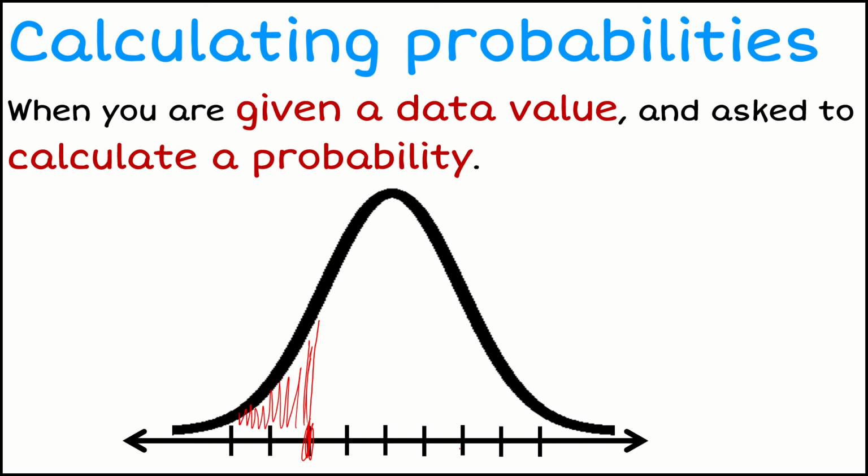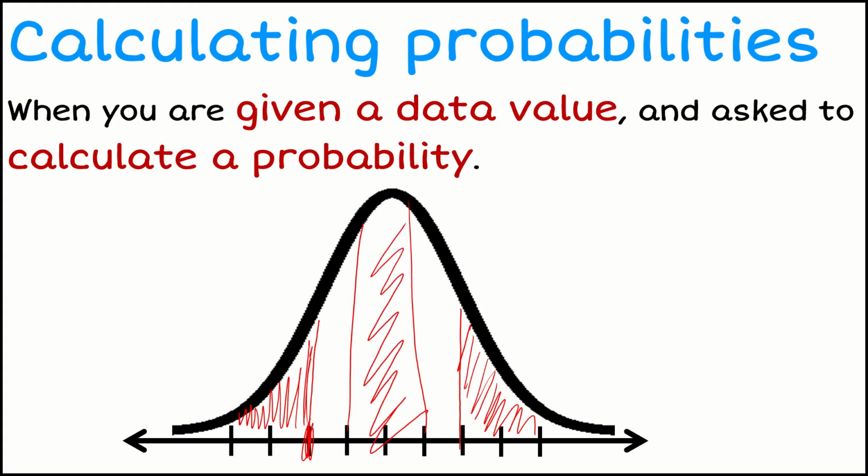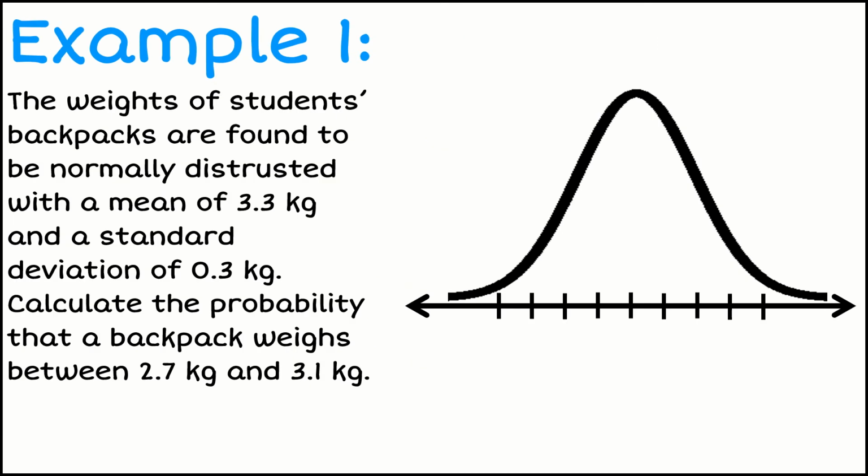Or I could be asked the probability of being above this data value here, or something between two data values. As soon as I've been given those data values, which I'm going to call x, so these values under here, these are my x's, when I've been given an x value and asked to find the probability, then this is the process that we want to use. So let's have a look how it works.